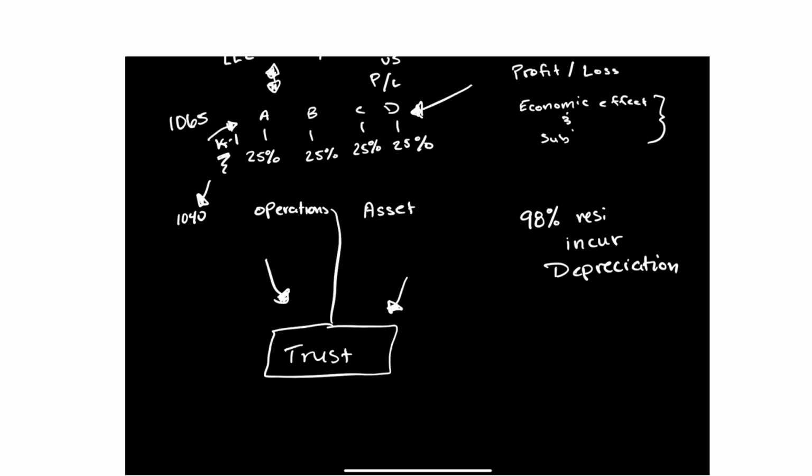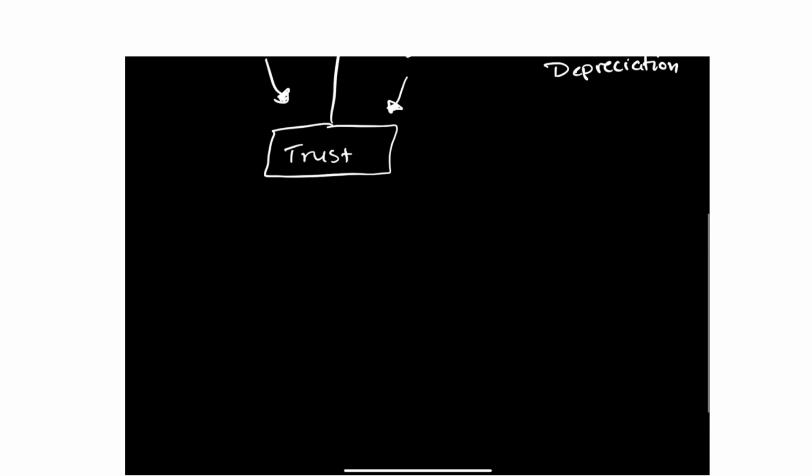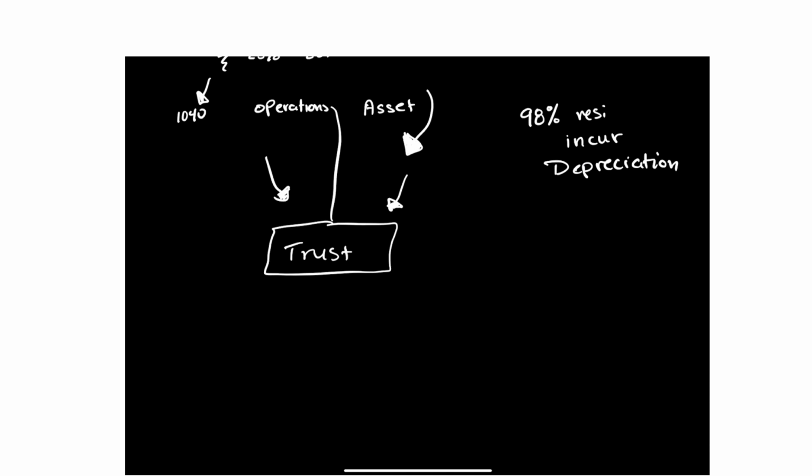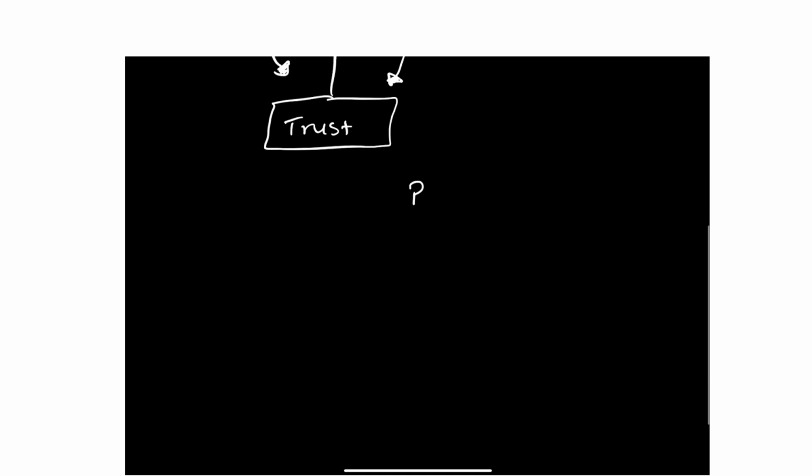So the K1, again, is holding an asset because it's a house, so it's going to flow onto your asset side, right? Because it's a form of passive income. So the first question that you guys asked was, is the income received from the asset passive or active?